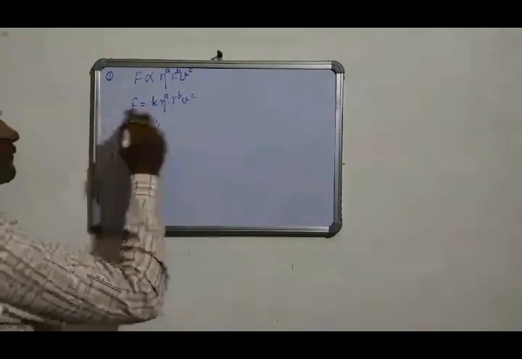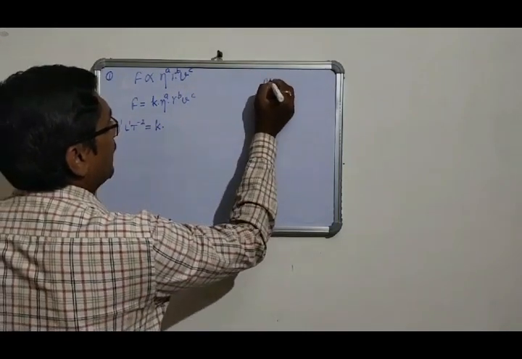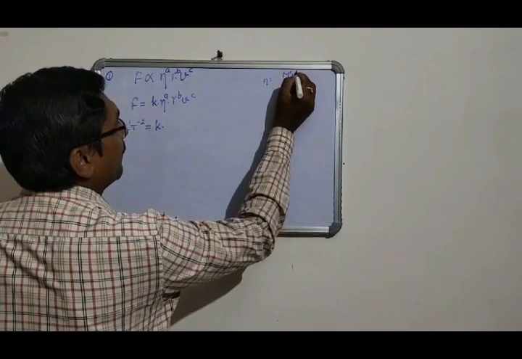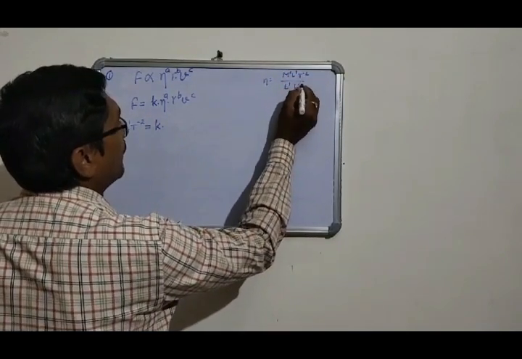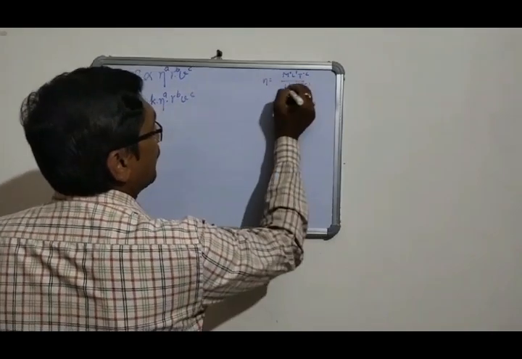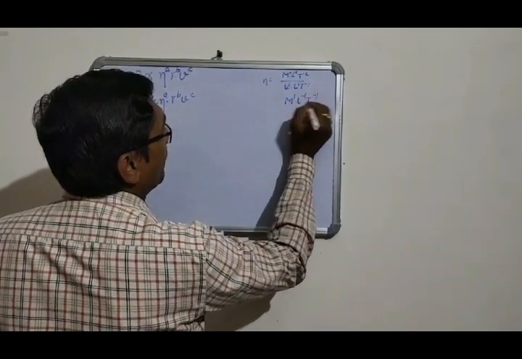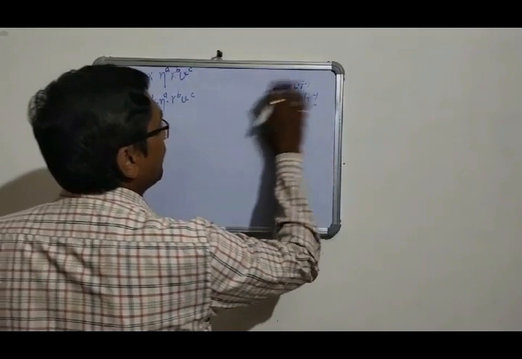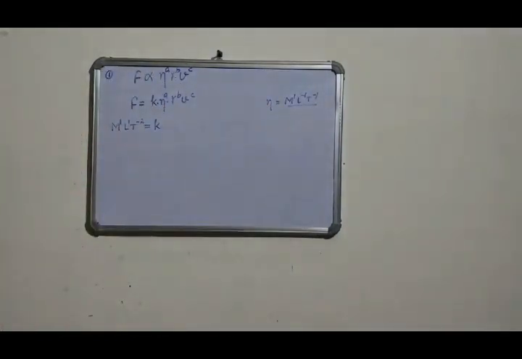Its dimensional formula is M1 L1 T^-2 upon L1 and L1 T^-1, so L1 and L1 cancel, giving M1 L^-1 T^-1.